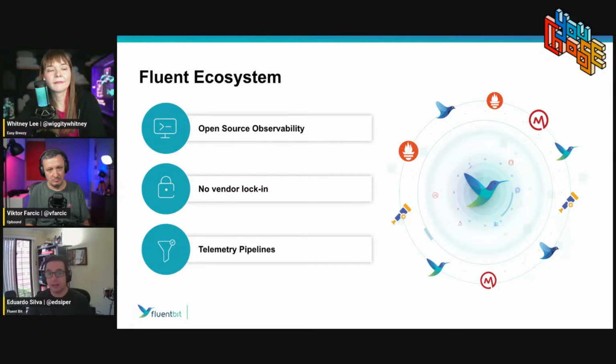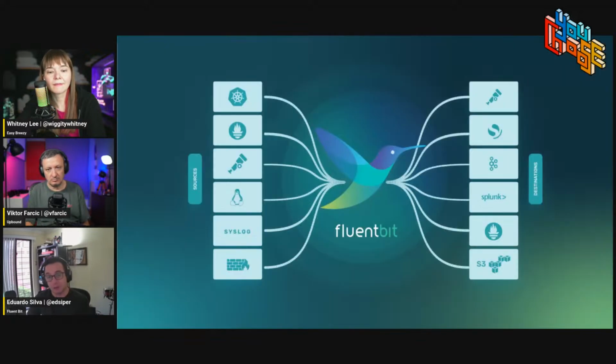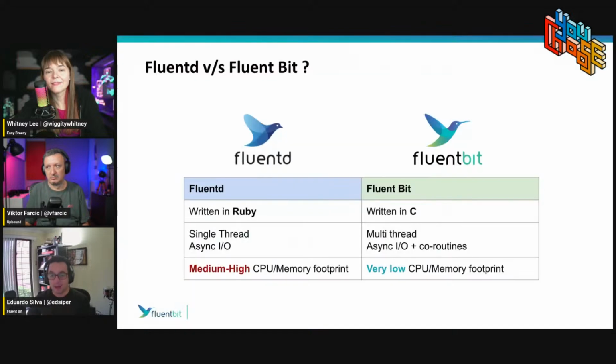One of the goals of the Fluent ecosystem is to have a flexible tool that allows you to interoperate and provides vendor agnosticity in your own environments. And of course, Fluent allows you to implement what is called telemetry pipelines. Imagine that Fluent is a solution that allows you to collect many data sources with multiple destinations, but also allows you to do processing in the middle.